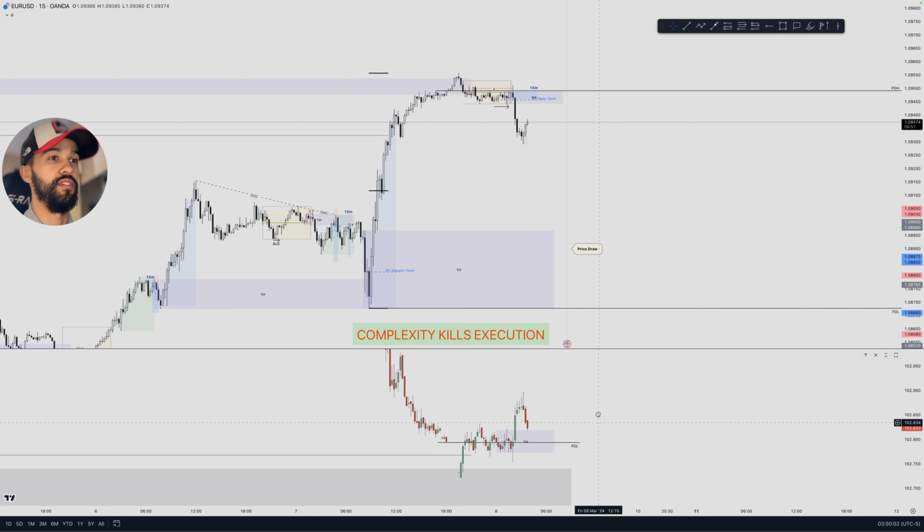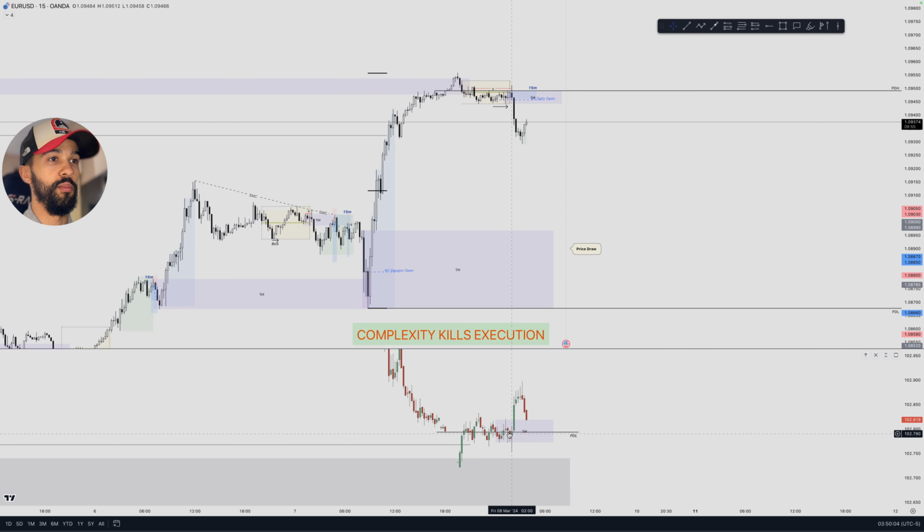Of course, DXY has come into this 1 hour OB. It's got its 15-minute order block here as well. So they are out of sync. The good thing about that could be by the time DXY and EU pull back and this goes into its order block here, it may cause some divergence and sweep its lows.